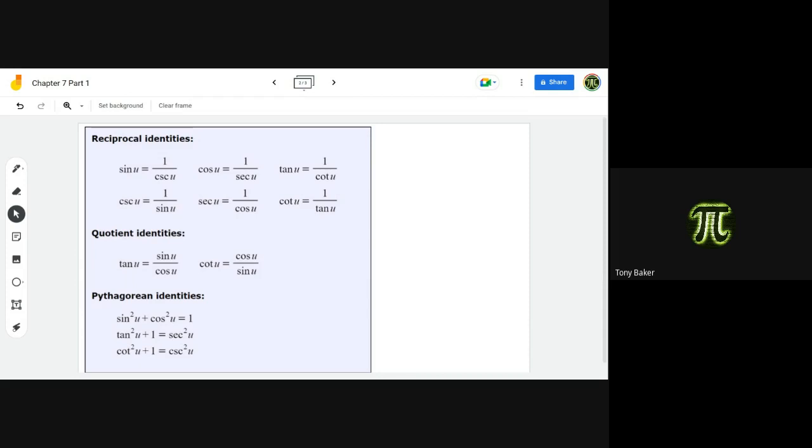It's more of rewriting trig equations and trig functions. What makes it so difficult is there's a ton of different ways that you can go with these. And sometimes you just don't quite know the steps to get to the final answer because everyone is going to be different.